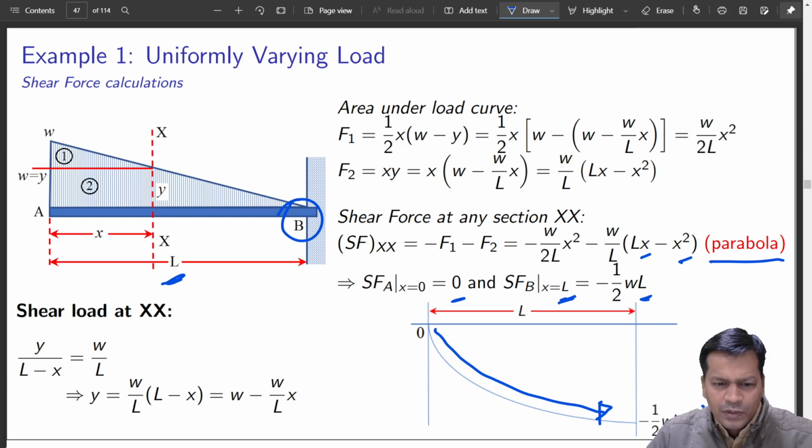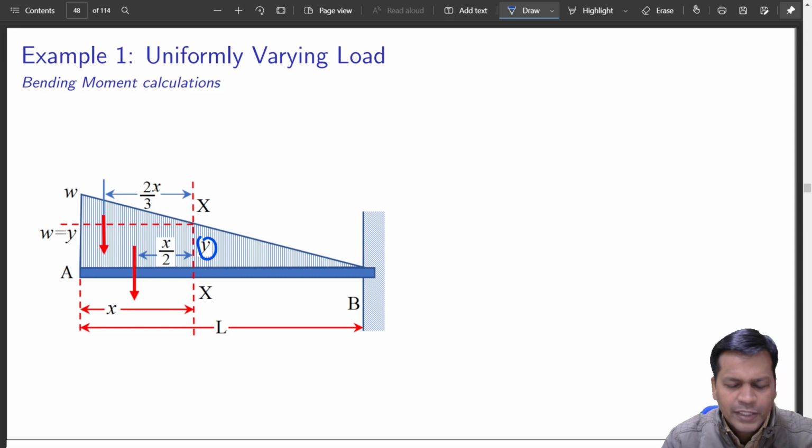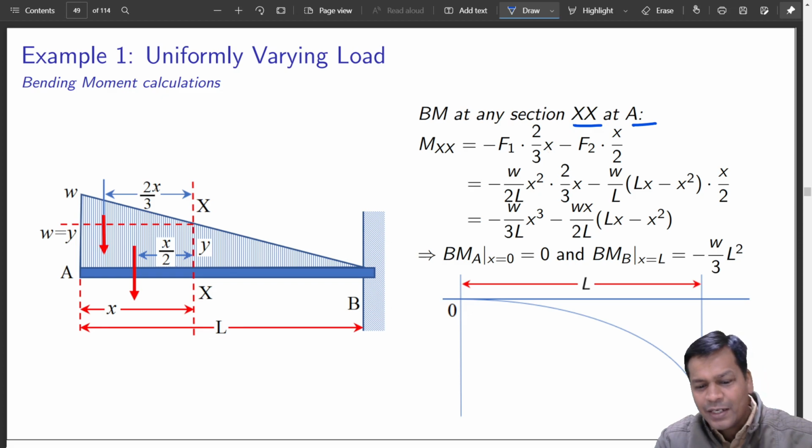Now let us go ahead and find out the bending moment for this uniformly varying load. You already know how much Y is, from the previous one. So bending moment at any section XX should be the area under the shear force diagram.